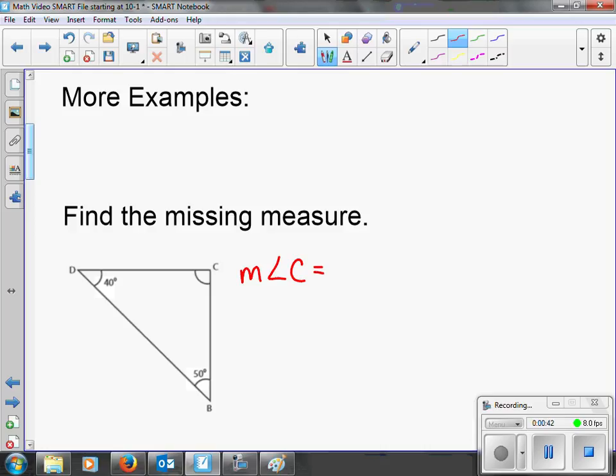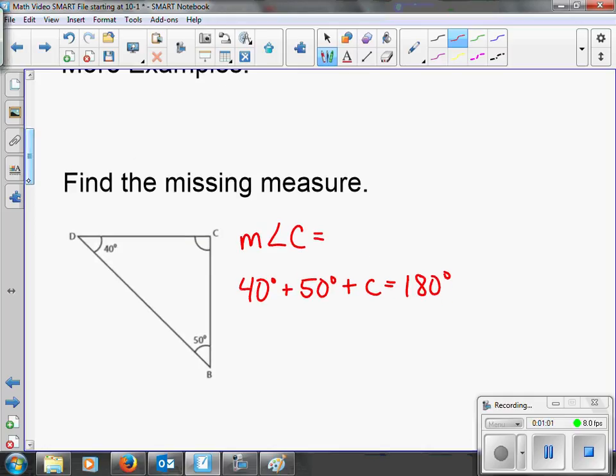Okay, well, we know all of the angles inside a triangle have to add up to 180 degrees. So we'll write 40 degrees plus 50 degrees plus C equals 180 degrees, because C is what they labeled the angle as. Now we add these two together. 40 plus 50 is 90 degrees plus C equals 180 degrees.